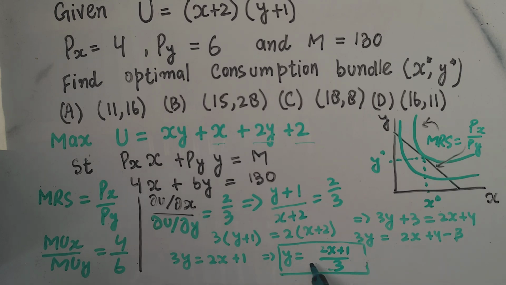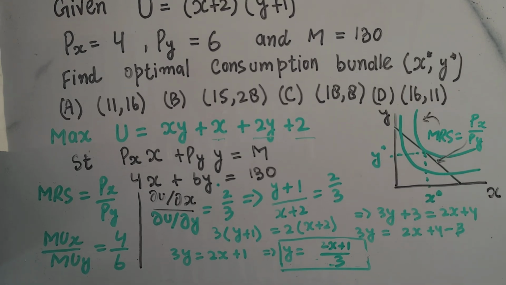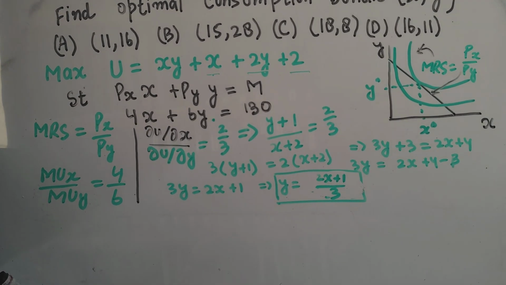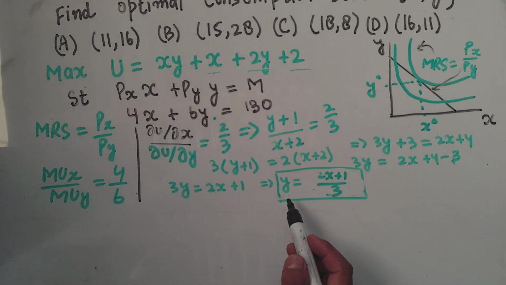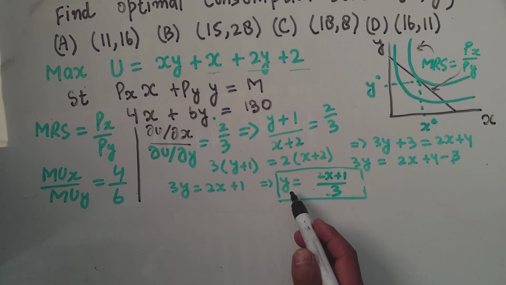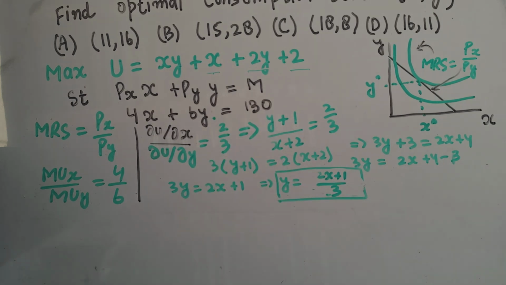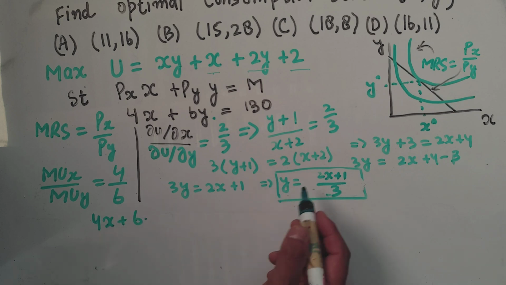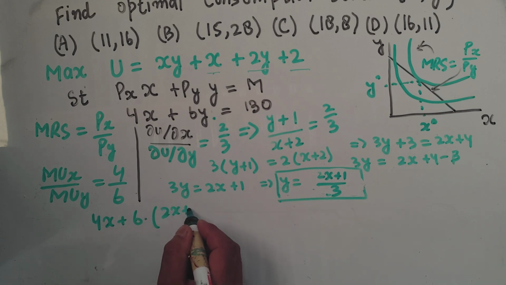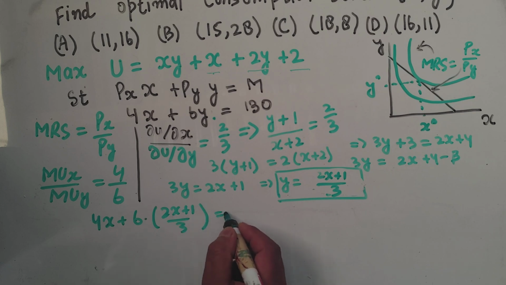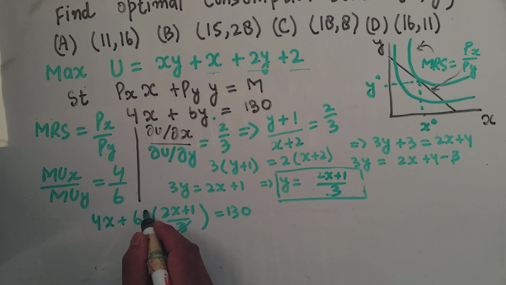Now we plug this value of y into the budget constraint here. Let me create some space. So plug y is equal to this into this budget constraint. So we have 4 times x plus 6 times the value of y, which is (2x plus 1) upon 3, should be equal to 130. So 3 1s are 3, 2 3s are 6.